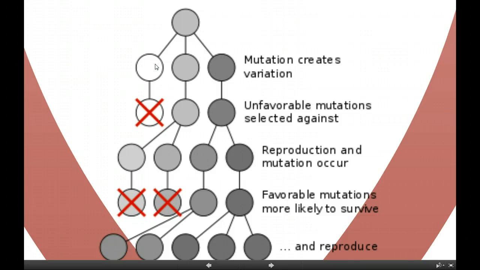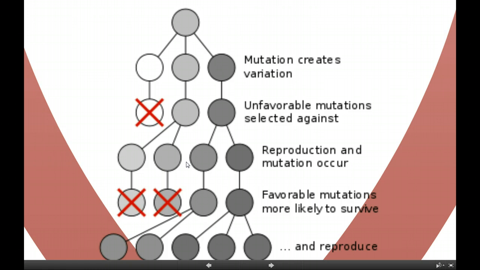Well, this mutation creates variation within the population, but there are some unfavorable mutations that are selected against by the environment. So this extreme one over here on the left gets wiped out. It does not survive. It does not pass down its genetic material to the future generations. But the intermediate and the darker gray ones do survive and reproduce and make offspring.